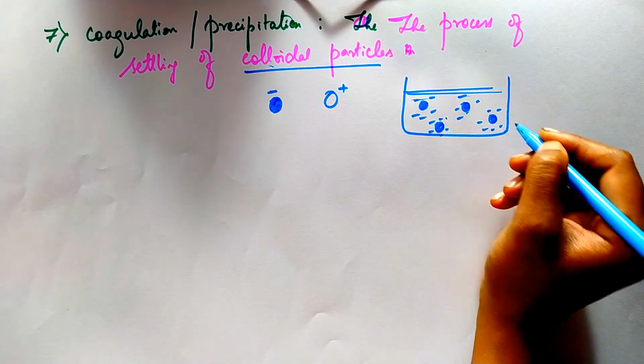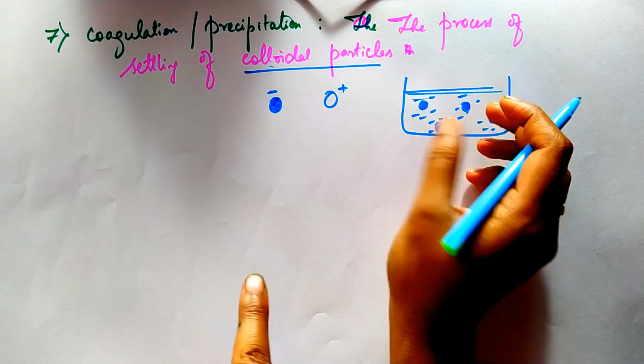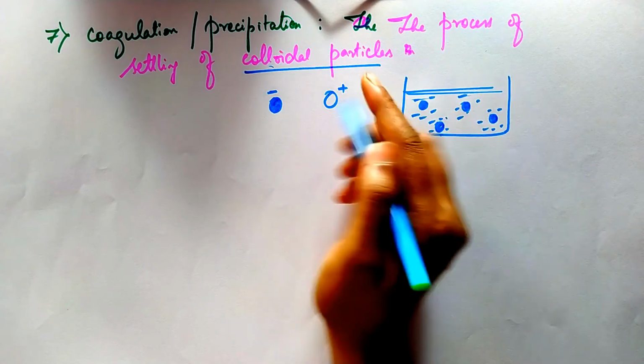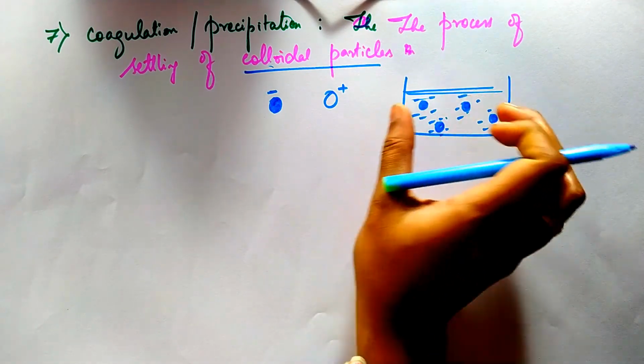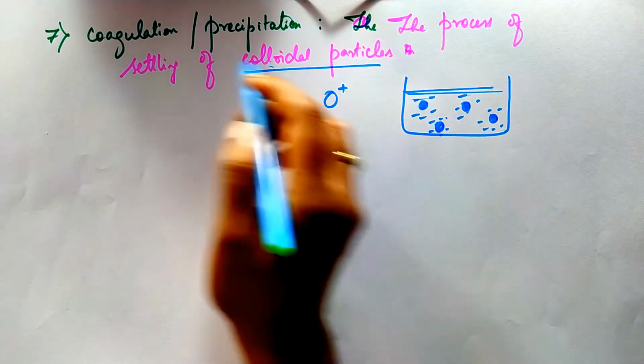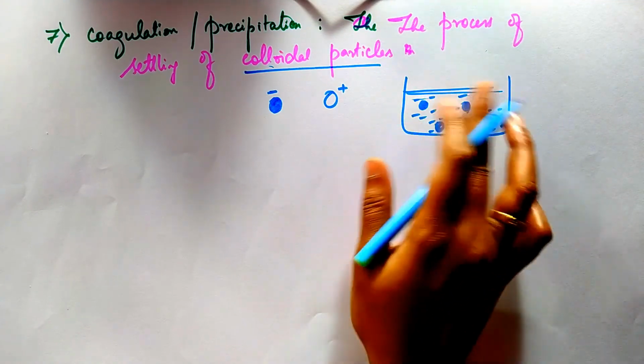If I take two colloidal particles nearer, what happens? They repel each other. They won't get attracted. Therefore, they won't get coagulated. The particles are away from each other.